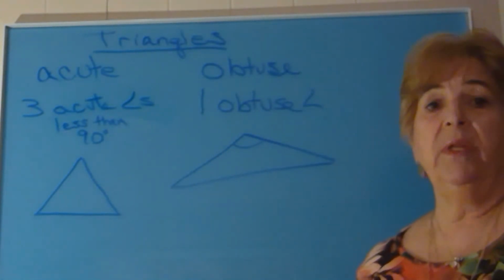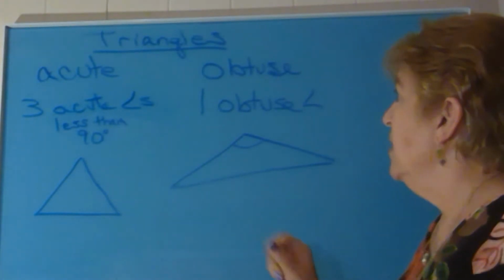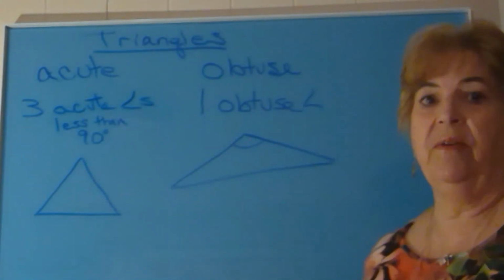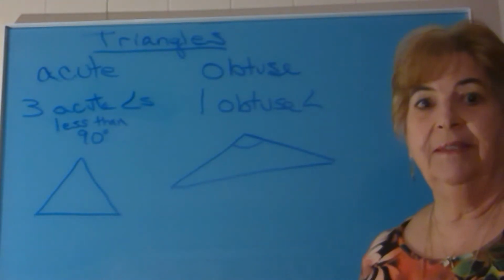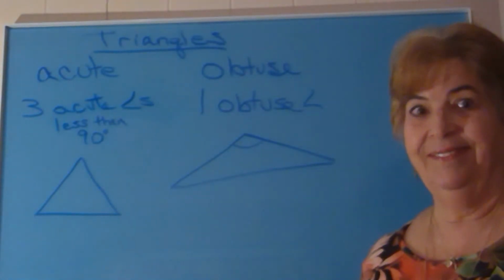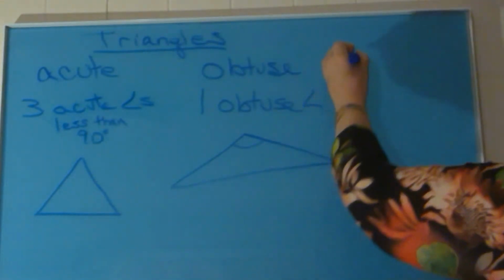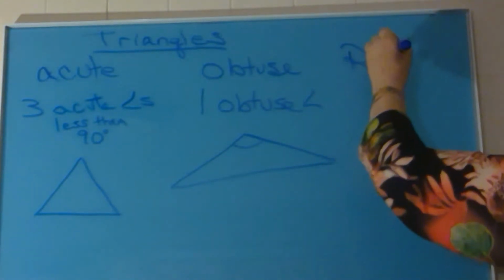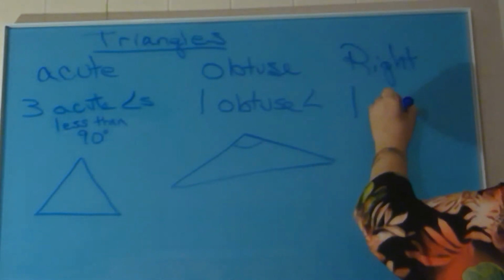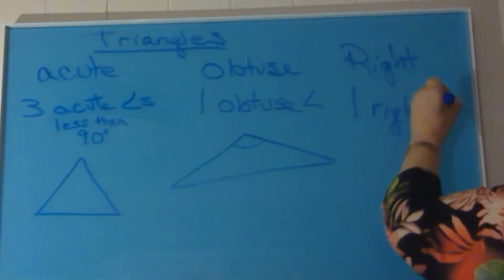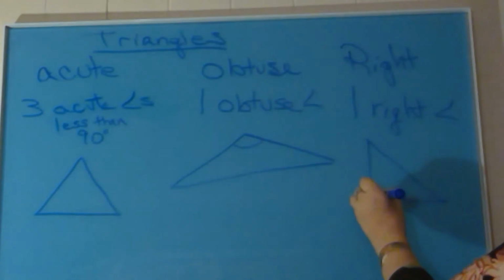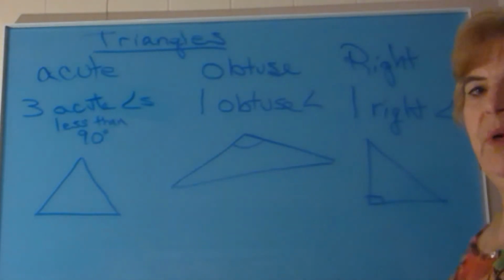A triangle can only have one obtuse angle, because if that angle is greater than 90 and the sum of the angles adds up to 180, you can't have more than one that's bigger than 90. And then, of course, we've worked with right triangles, and a right triangle has one right angle, which we usually mark with a little square.